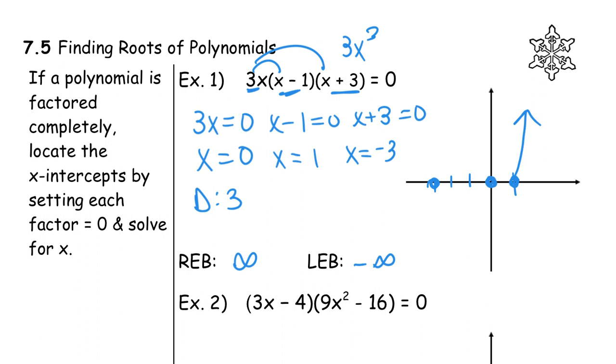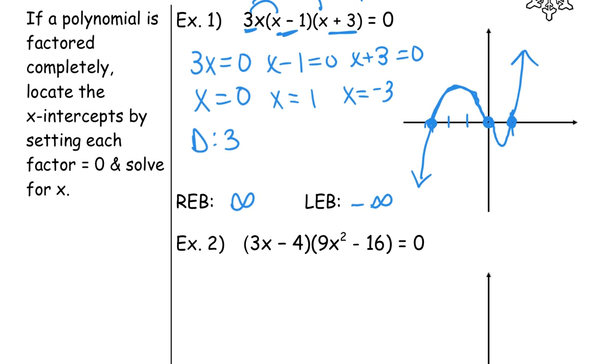Because our degree is odd, the left side is going to do the opposite. We're going to come through and cross just like a line would. Come back up and grab that one, go through it, and go back down and grab that one. Now we have a continuous function with a domain from negative infinity to infinity. It's polynomial. We okay with those?